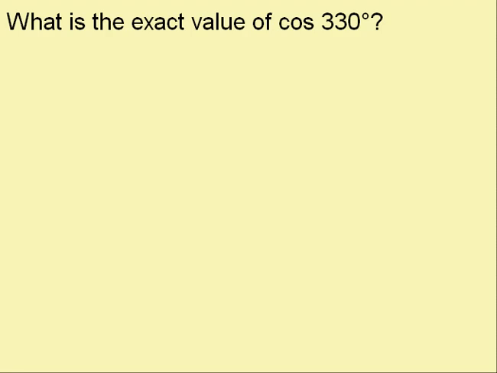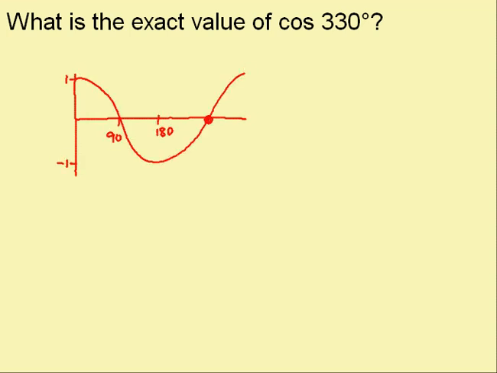Now this question would appear on a non-calculator paper. I want to find the exact value of cos 330 without using a calculator. Now to start with, I don't have a clue what this is, so I'm going to draw a sketch of the graph of cos. Now 330 is here, so the value of cos 330 is this.